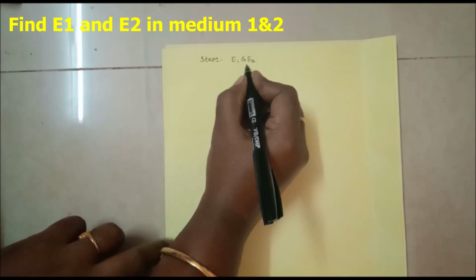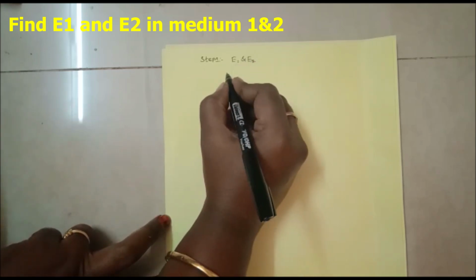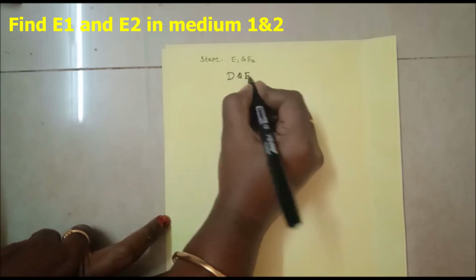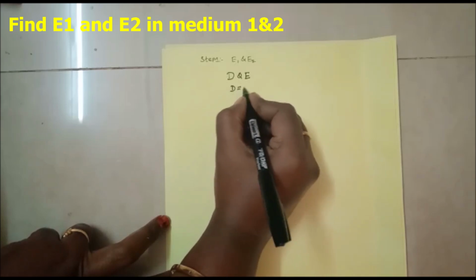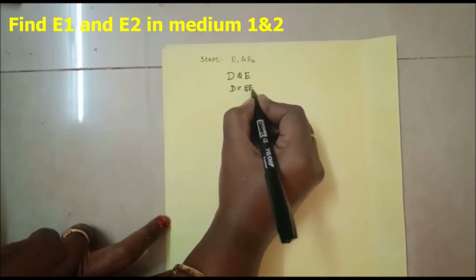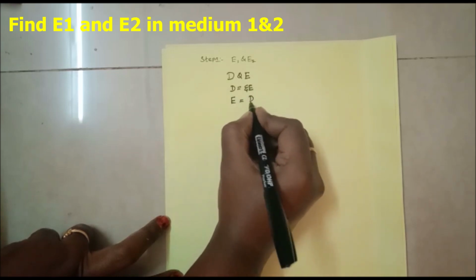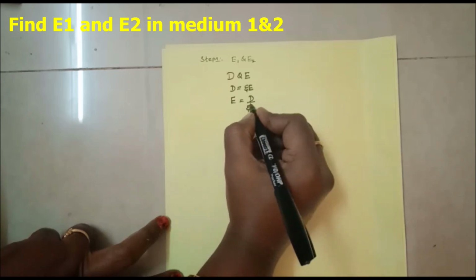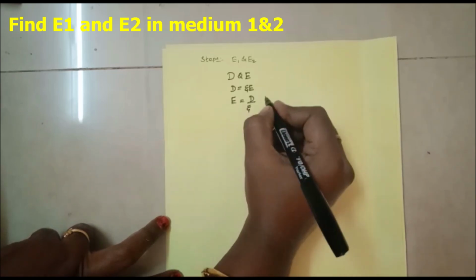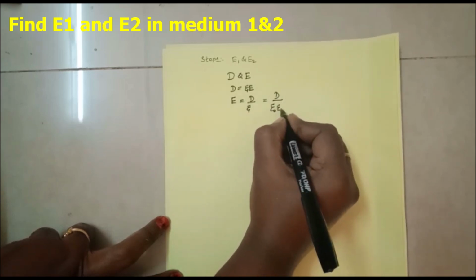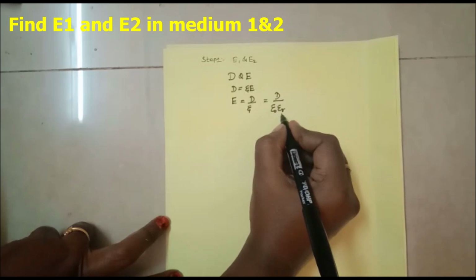Before deriving this electric field intensity, we should know the relation between electric flux density D and E. We all know that D is equal to epsilon into E, from which the expression is E is equal to D divided by epsilon, where epsilon is epsilon naught into epsilon r. So epsilon r is an important parameter, where epsilon r1 is for medium 1 and epsilon r2 is for medium 2.